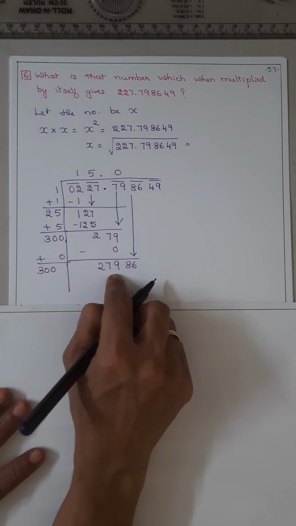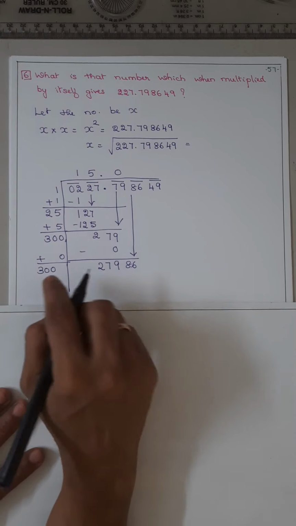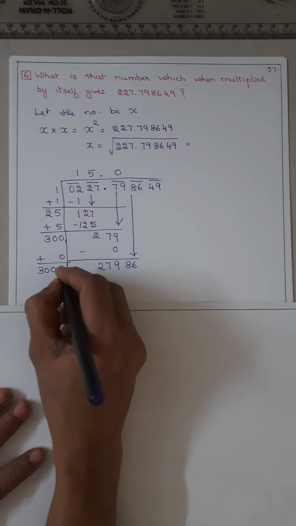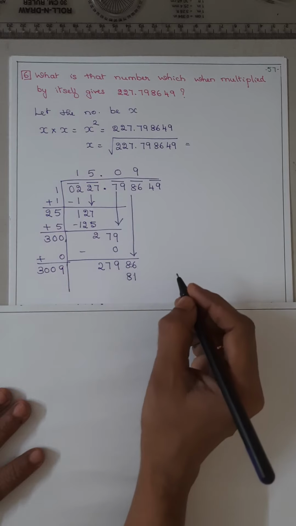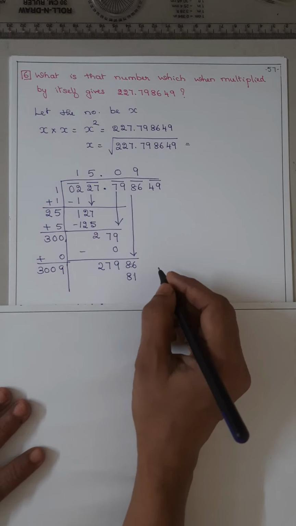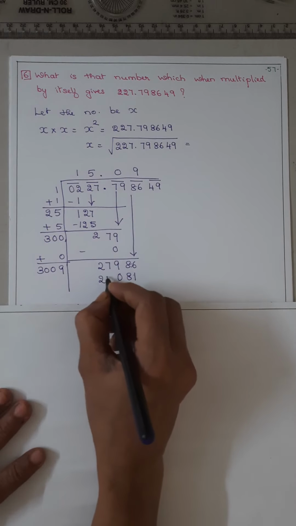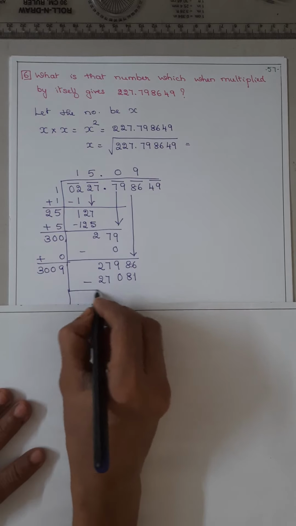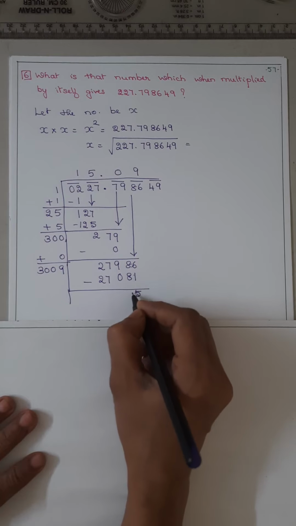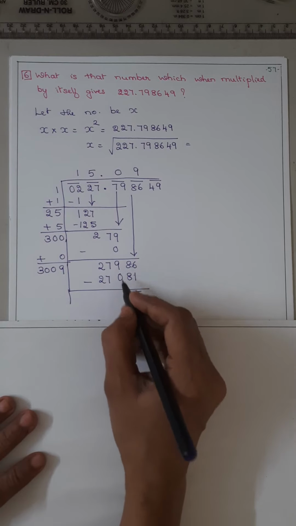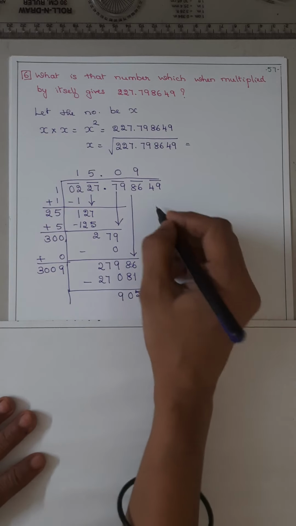3, how much are 27? 3 digit, 5 digit. So we have to take 2 digits, isn't it? 3 9s are 27. 9 9s are 81, isn't it? Now 9 zeros are 0, 9 3s are 27. When you subtract, it will be 6 minus 1, 5, 8 minus 8, 0. Now 9 minus 0, 9, 7 minus 7, 2 minus 2, 0.